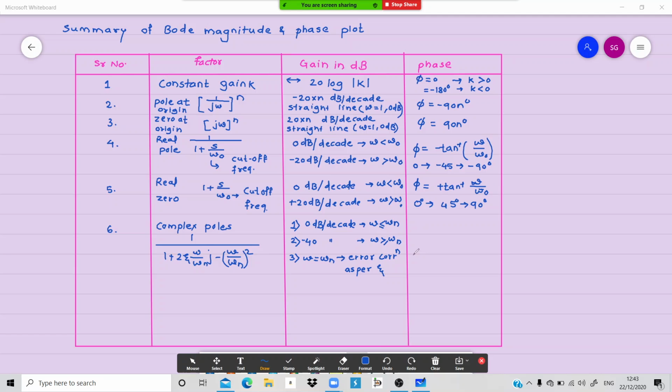So we had seen that the phase was 0, then through minus 90 it was reaching minus 180.